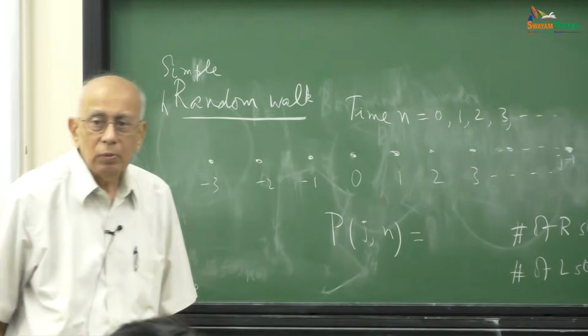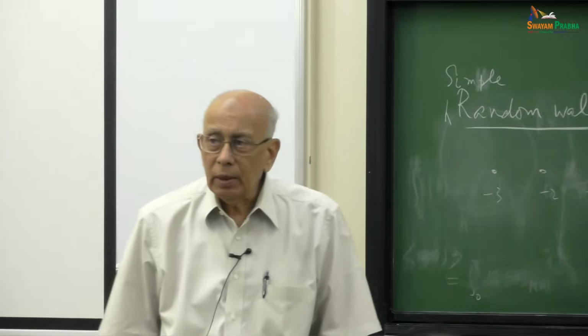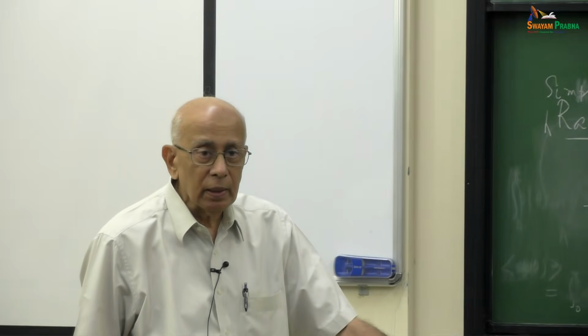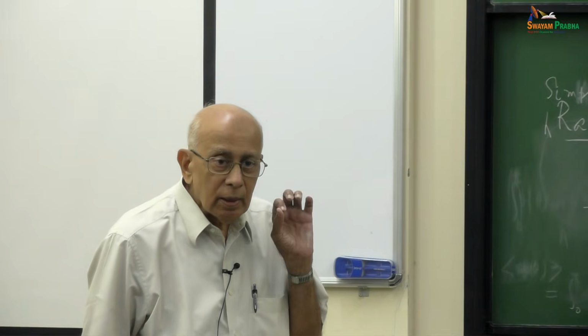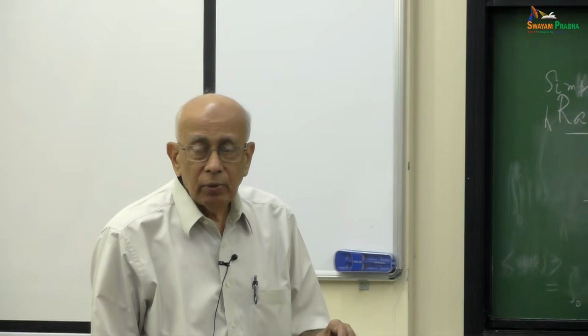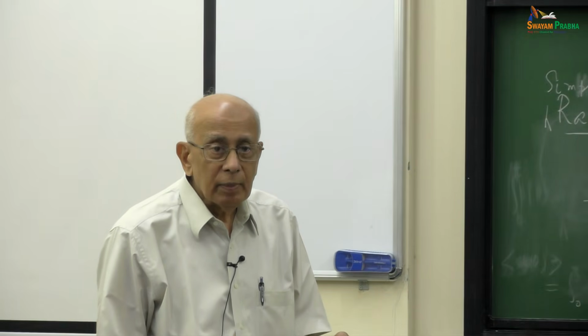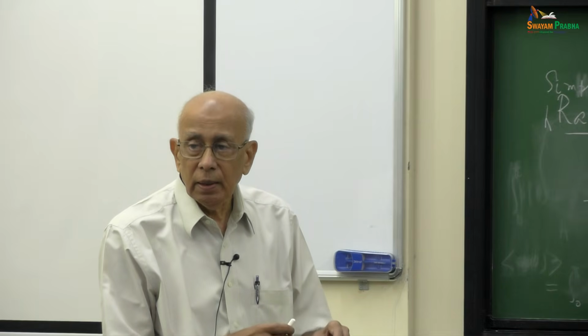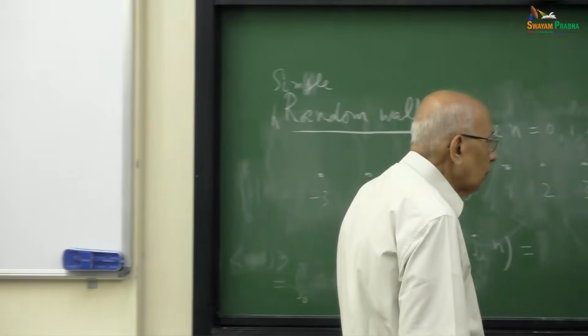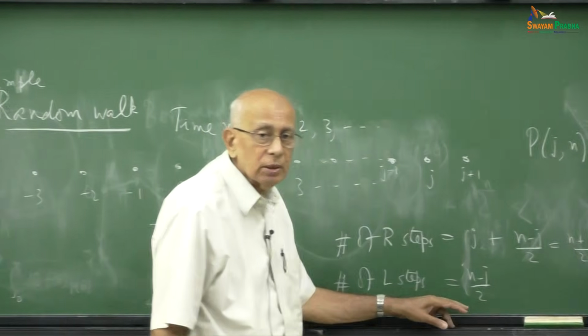It is n minus j over 2. So the argument is to reach j in n steps where n is bigger than j and of the same parity. I do n steps, j steps to the right in some order. I'm left with n minus j steps and they must cancel out in pairs between R's and L's. So the total number of right steps is n plus j over 2 and the number of left steps is n minus j over 2.